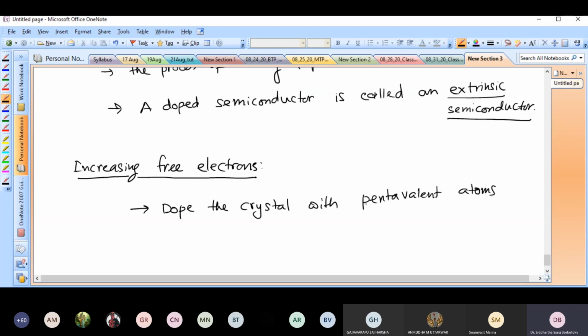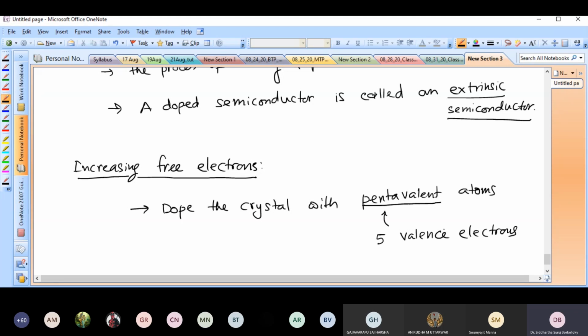What are pentavalent atoms? Pentavalent atoms have 5 valence electrons. So any atom that has 5 valence electrons makes a pentavalent atom.